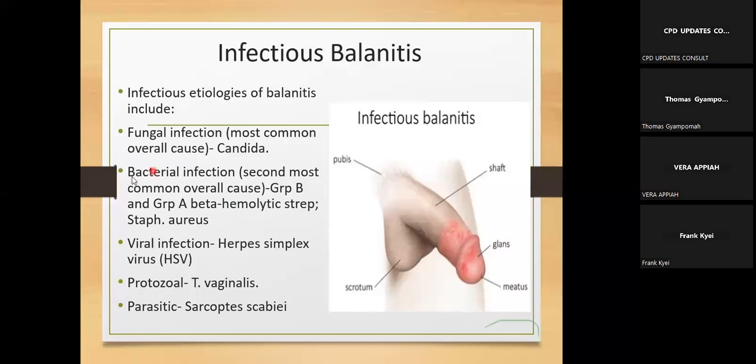Then the bacteria could also be any of the group B or group A beta hemolytic strep and Staph aureus. So apart from the Candida, the next common infectious agent would be strep group B, and I'm sure you know strep group B is Strep agalactiae, and strep group A is Strep pyogenes, and then Staph aureus.